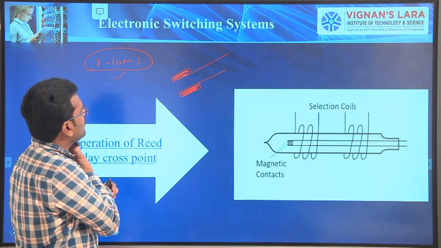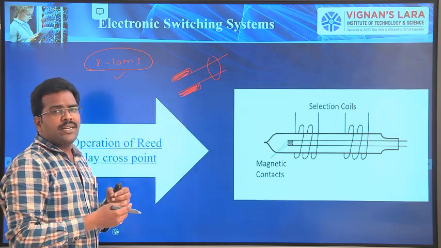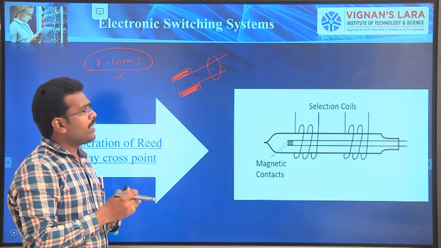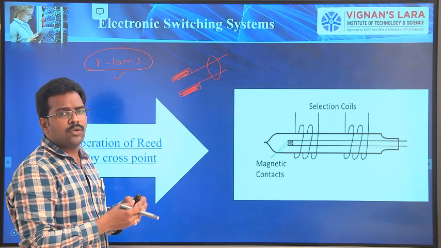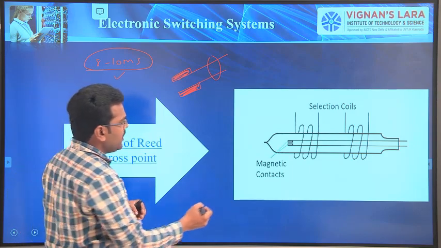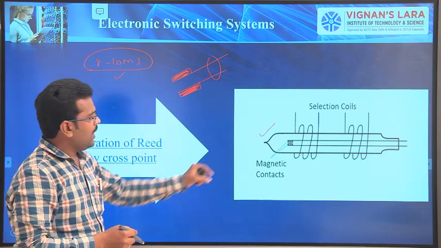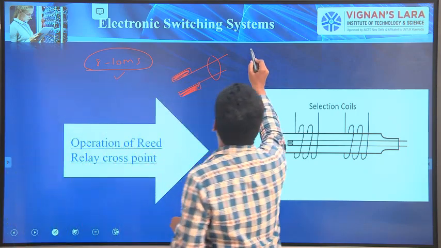And one more thing is, here more number of moving parts are there. Okay, so as we know that more number of moving parts means frequency of maintenance is more. So to overcome the problem, we will go for non-moving parts with less spacing here. So in case of electromechanical, we will study two things.